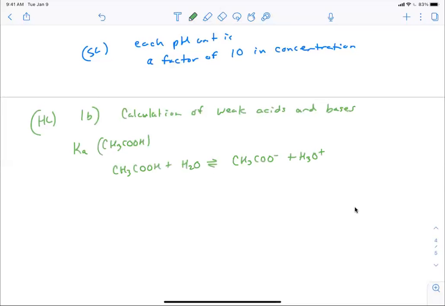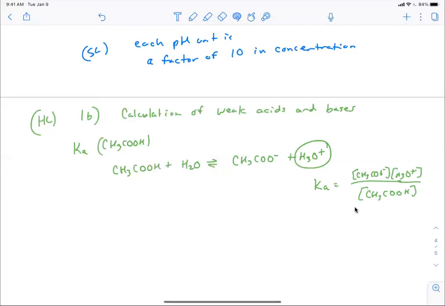Notice 1, the double arrow, 2, the donation of the proton, which makes Ka equal CH3COO minus times H3O plus over CH3COOH. So that's your equilibrium constant expression, and that's the concept that you're going to use to solve for Ka or solve for the pH or pOH, depending on your solution.